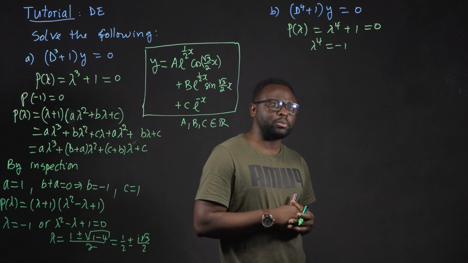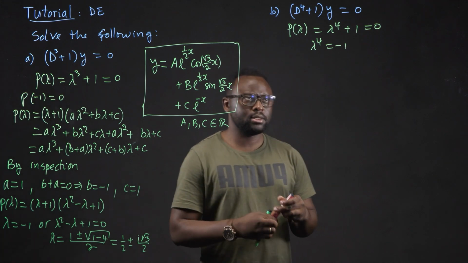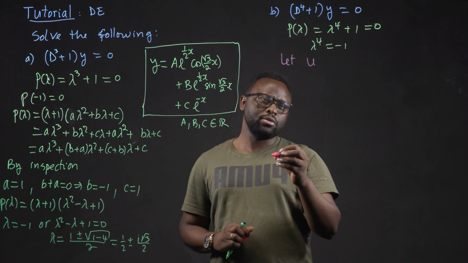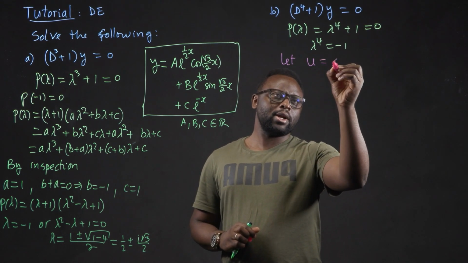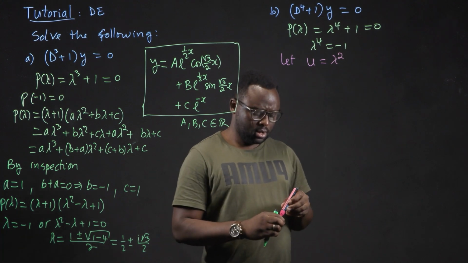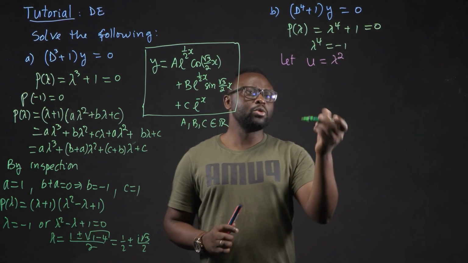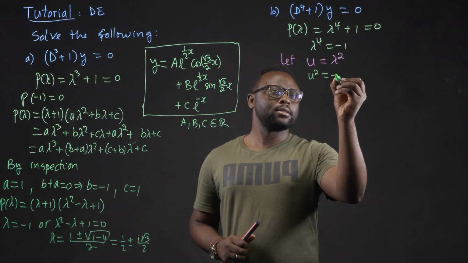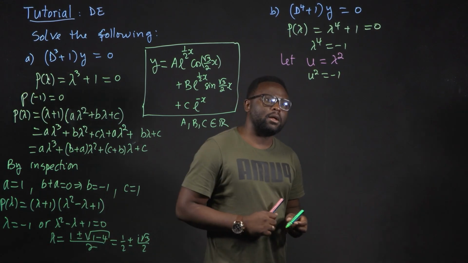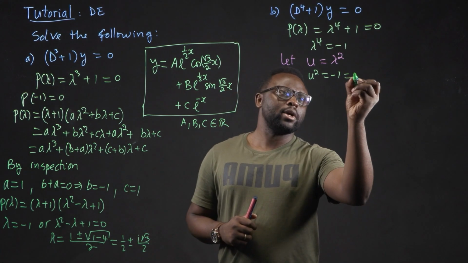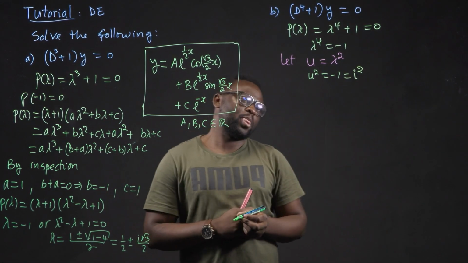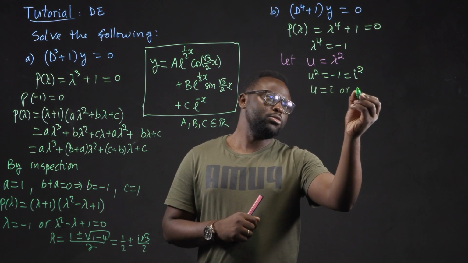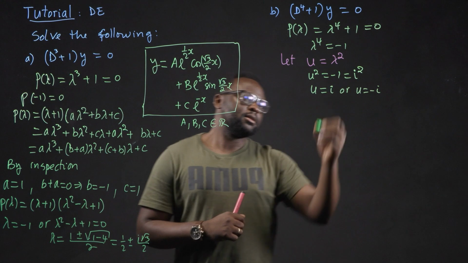But I can use a substitution. Let's consider a new variable called u. We say u is equal to lambda square. Then the equation becomes u square is equal to minus 1. And we know that minus 1 is i square, a complex value. So this means u is equal to i, or u is equal to minus i.